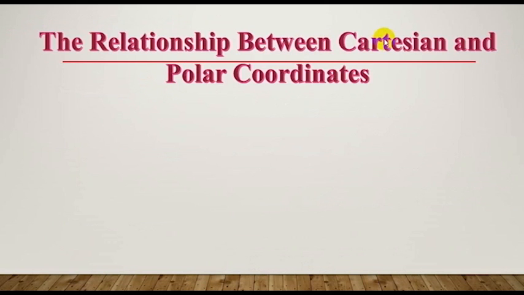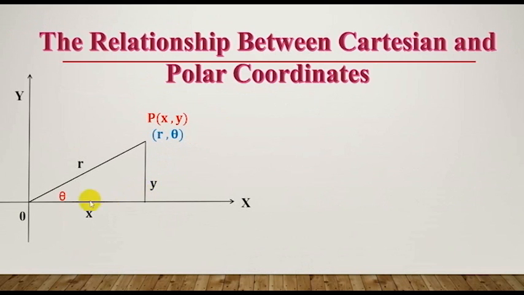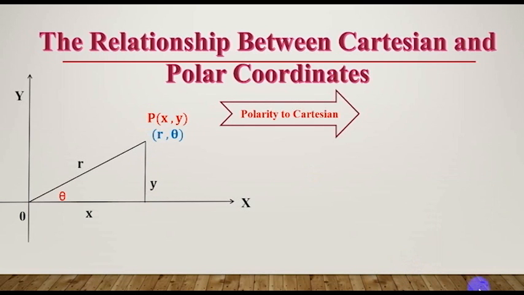What is the relation between Cartesian and polar coordinate? Easy, we have x-axis, y-axis, and if we move x distance and y distance, we will get P of x and y. So that means we have whether r and theta, or x and y.